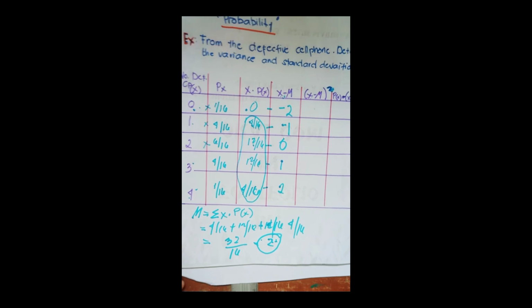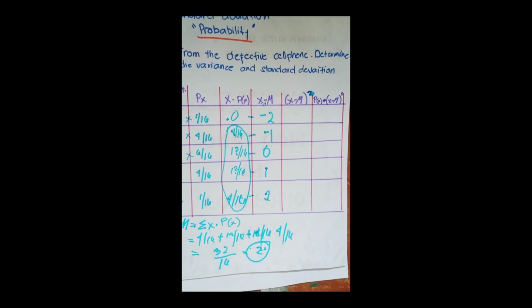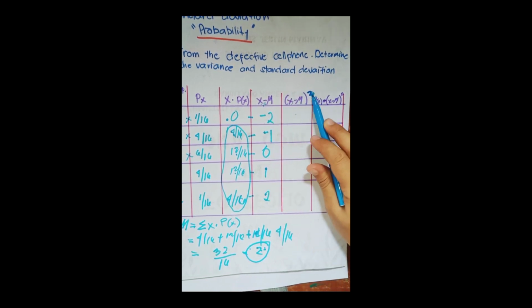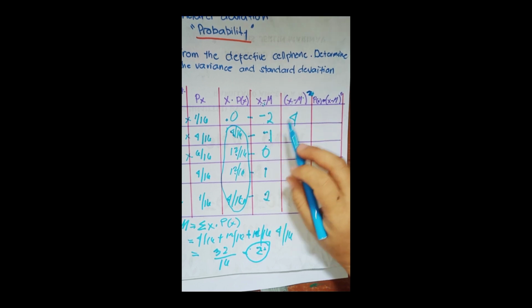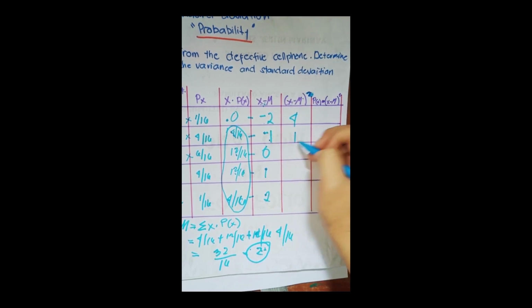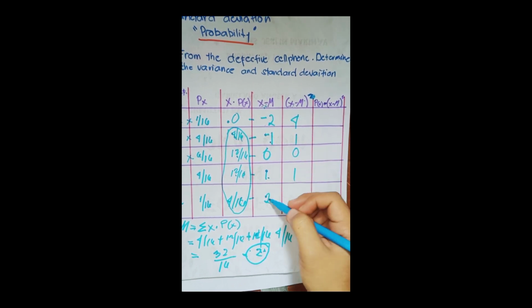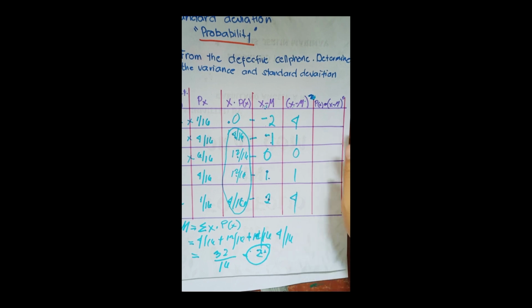We need to multiply each value by itself. Negative 2 squared is equal to 4. Negative 1 squared is equal to positive 1. Then 0, positive 1, and positive 4.